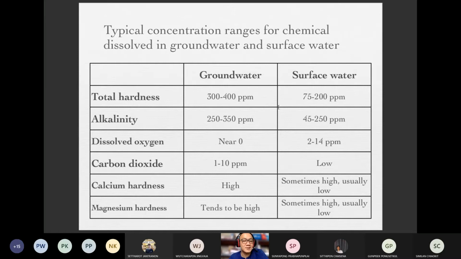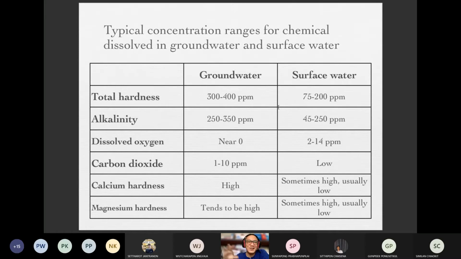Alkalinity is the base neutralization capacity. By definition, alkalinity is the capacity to neutralize the acid. Sorry, alkalinity is acid neutralization capacity, ANC, not the base.